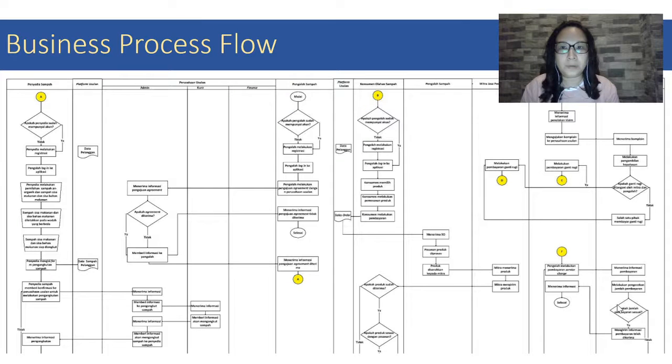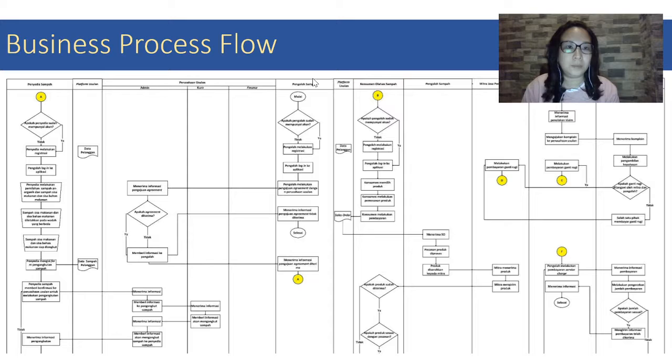So your first task later is to create this business process flow. You need to make the business process detailed. The first thing is you need to define the actor. For example, here we have the actor penyedia sampah, we have the actor the platform, the system itself, and then the other user.